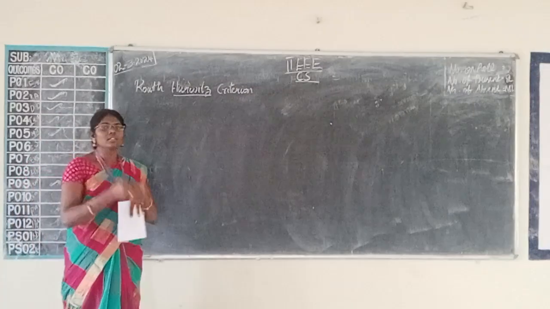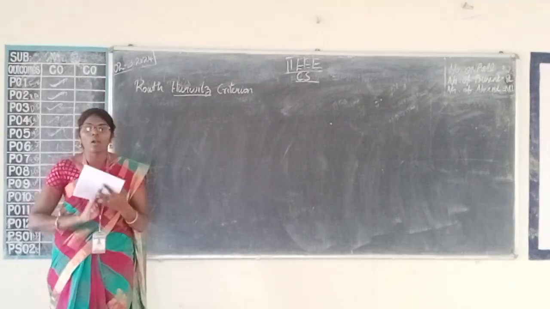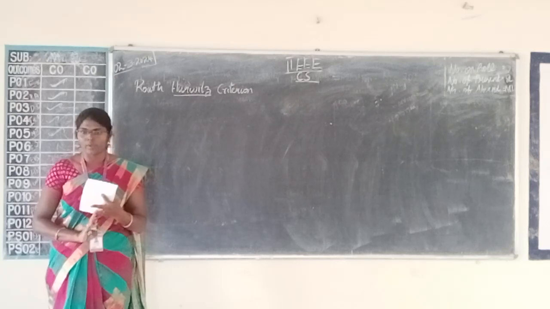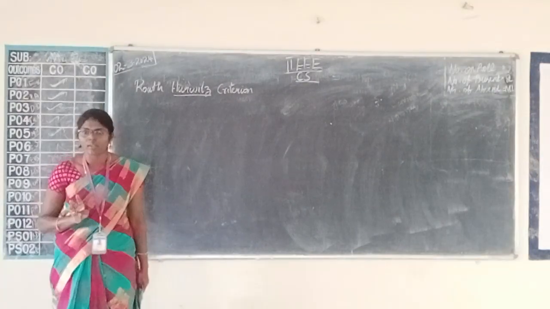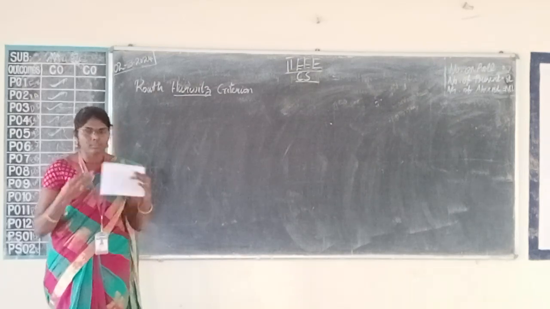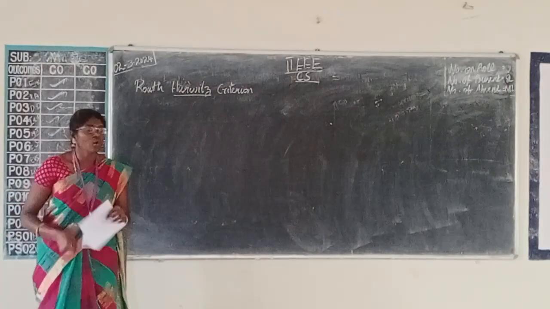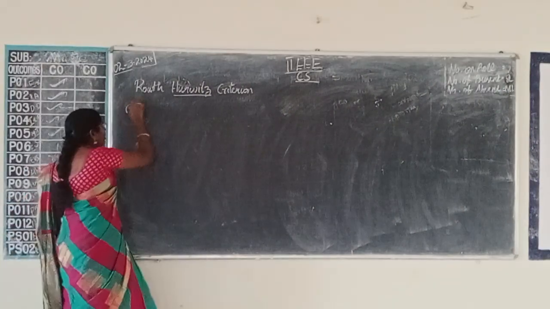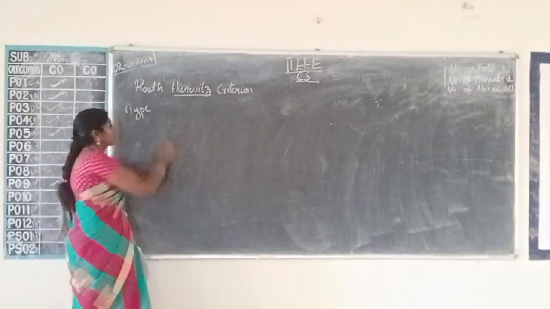For solving this with Hurwitz criteria, what we want is the characteristic equation. So if the characteristic equation is given, how to solve this problem? That we are going to see. There are four types of method that will be followed in Hurwitz criteria. Okay. So the first type, which we initially applied in root locus.